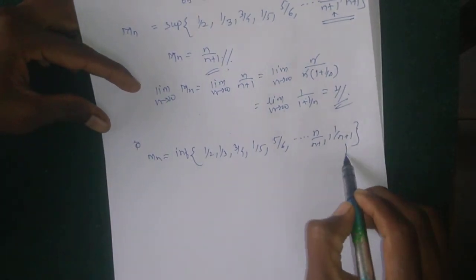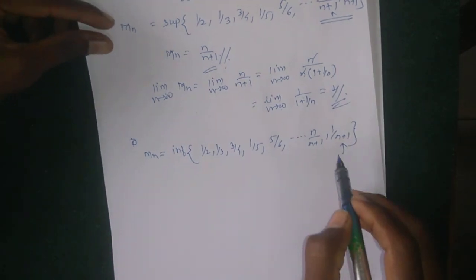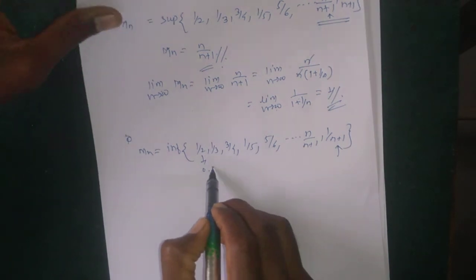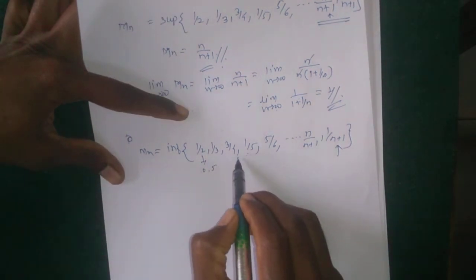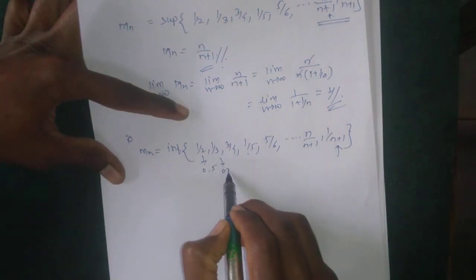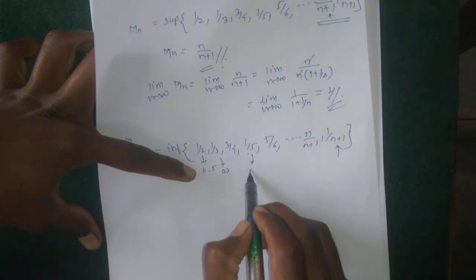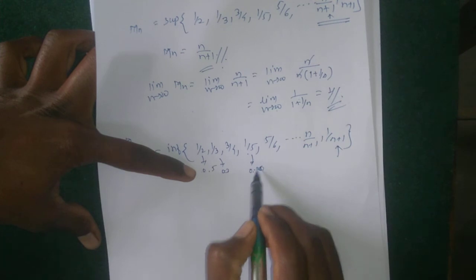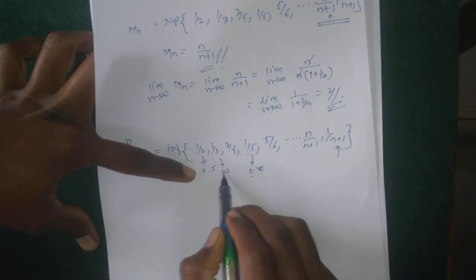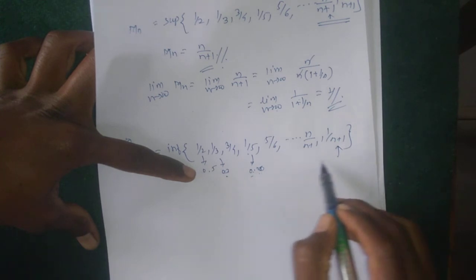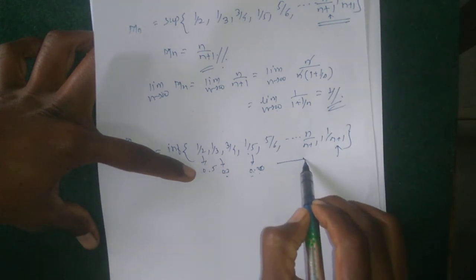In this way this must be the infimum, because 1 by 2 is 0.5, then this is 0.3, which is less than 0.5, this is 0.2, which is also less than 0.3. Okay, in this way as n increases.